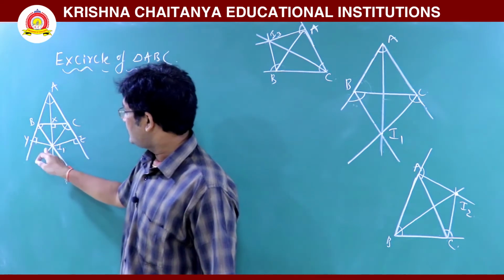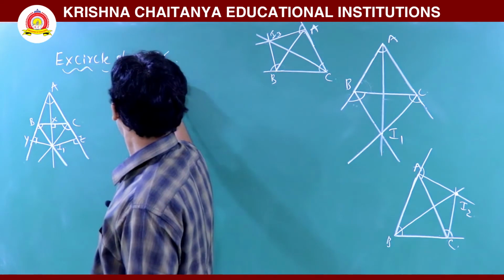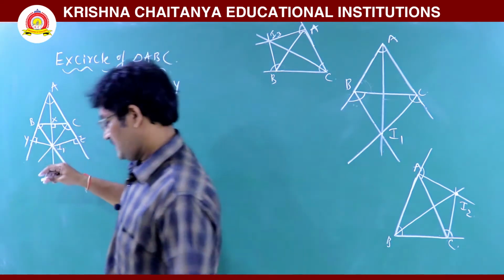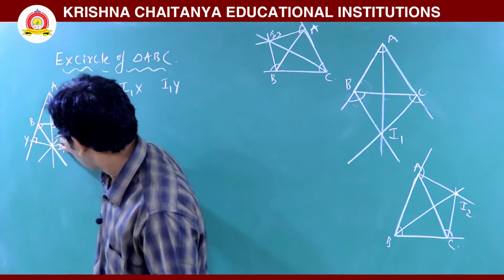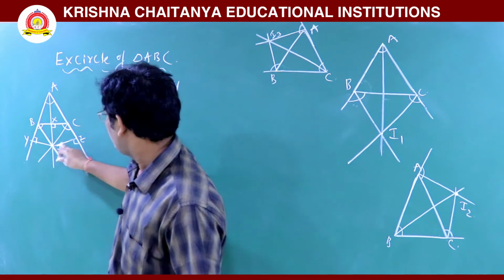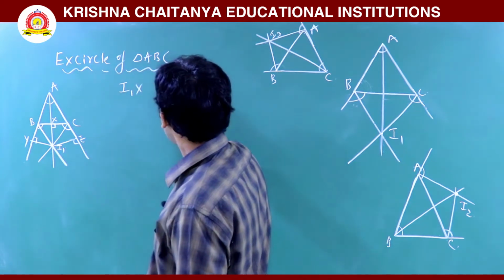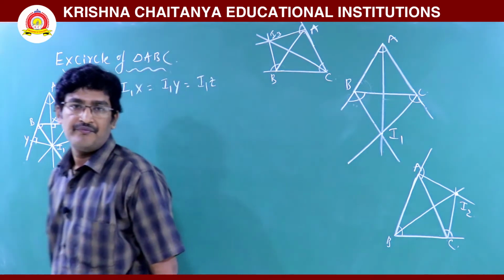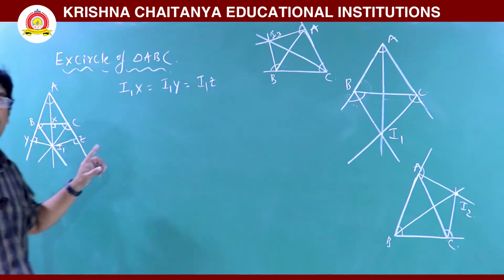I1Y denotes the distance from I1 to this side. I1Z is the distance from I1 to this side. These three lengths should always be equal. You have to remember that: I1X equals I1Y equals I1Z.